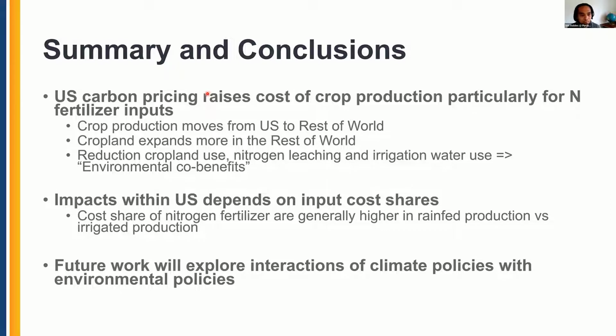And then we saw that these carbon pricing policies would have co-benefits, and maybe we could use these co-benefits as a way to boost the benefits that we could get from these climate policies.